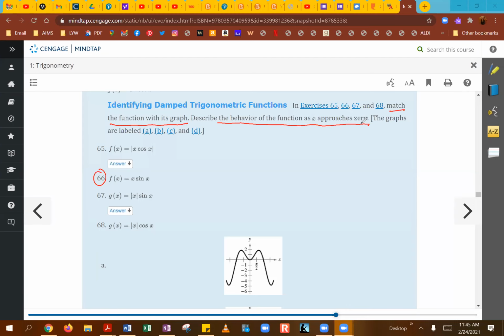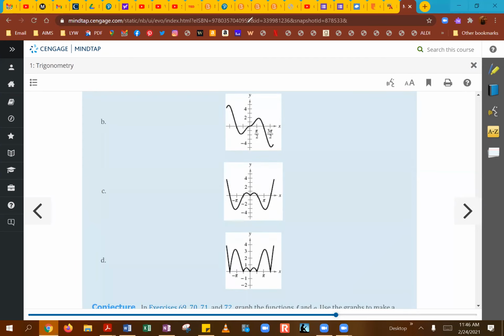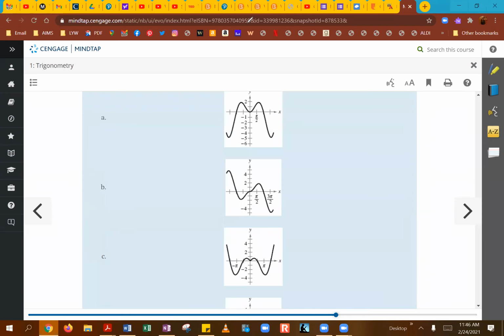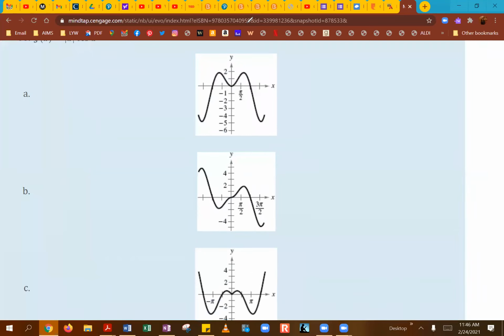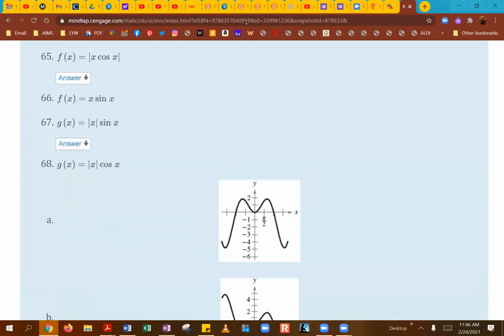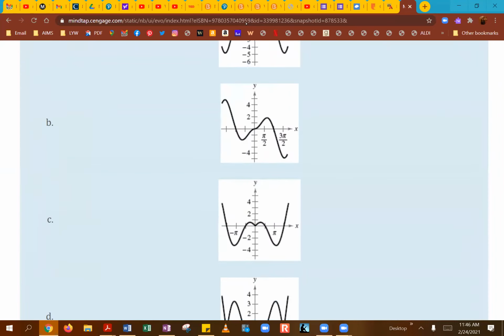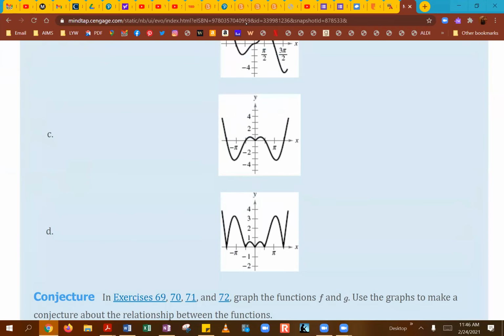So let me try and bring those graphs in here. Not sure if I can make this any smaller, so I'm just going to make them bigger. Okay, so remember your function is x times sine of x, and they want to know, is it going to be graph A, graph B, graph C, or graph D?